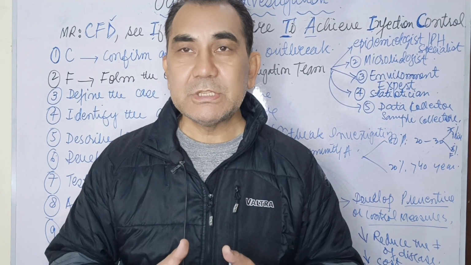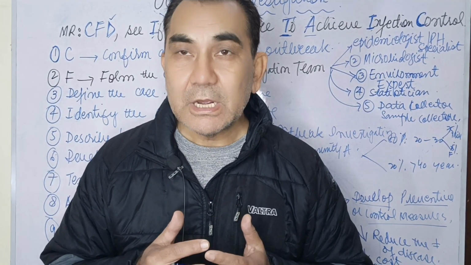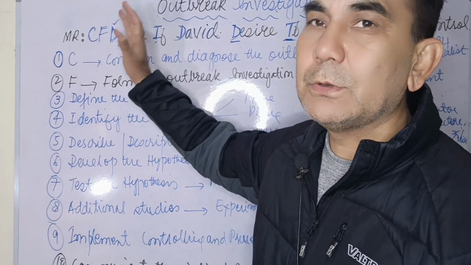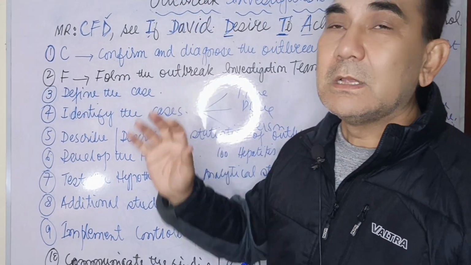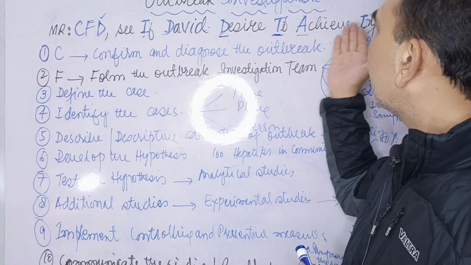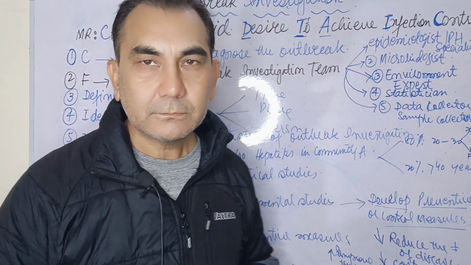So the outbreak investigation is conducted in 10 steps. To memorize the 10 steps, you should keep the mnemonic of this sentence: Mr. CFD, C if the David desire to achieve the infectious control.